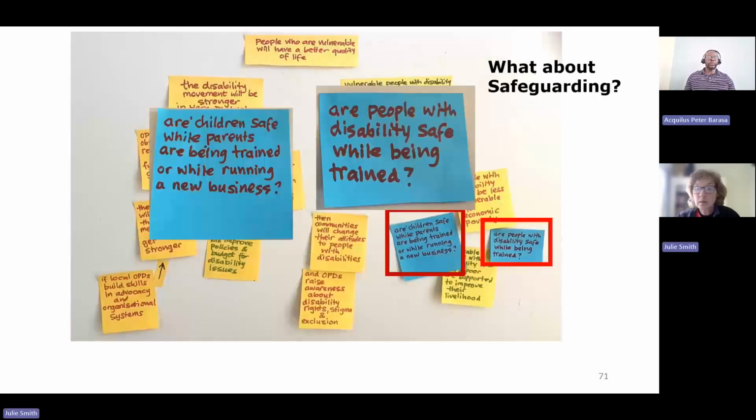Thank you. So what about safeguarding? Safeguarding is a big thing. Are children safe while parents are being trained or while they're running new businesses? Are people with disabilities safe? If you send them off to, let's say, a vocational training course with other people without disabilities, are they going to be exposed to any harm?